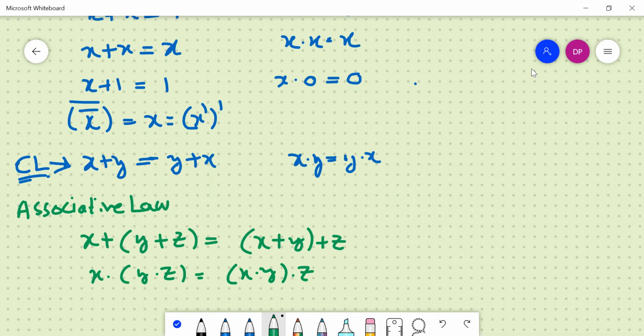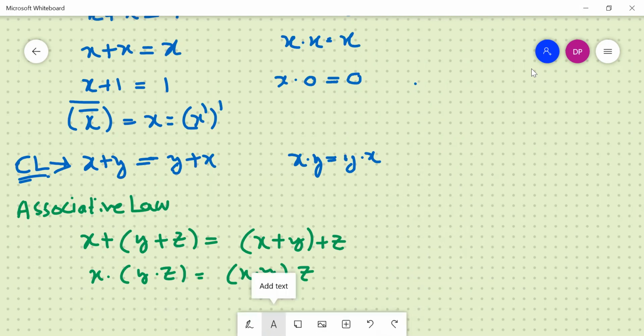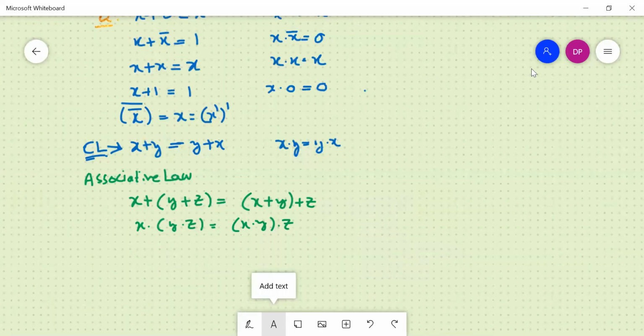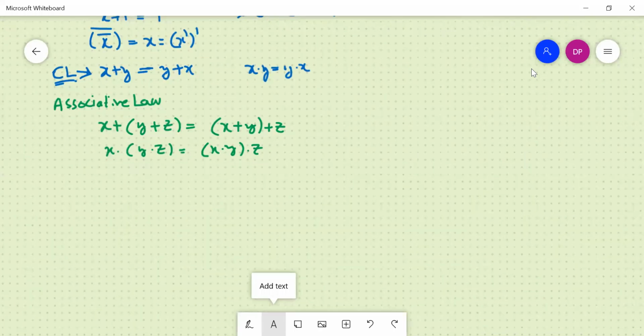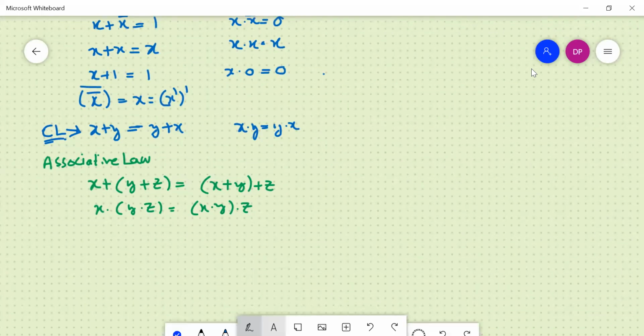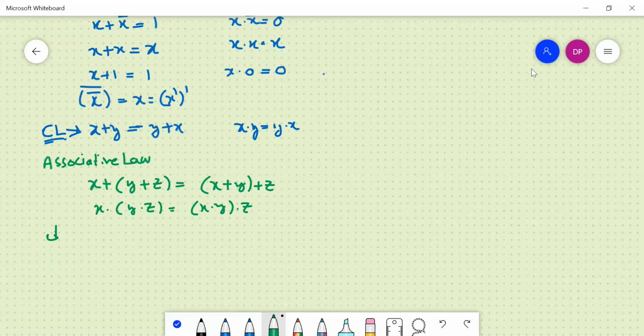Then we'll see distributive law. So what can we write?